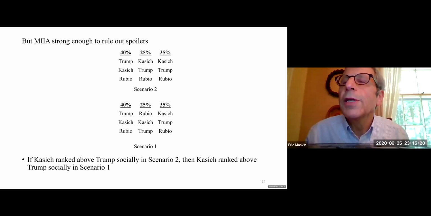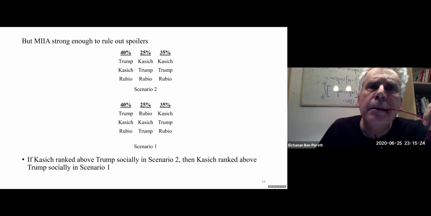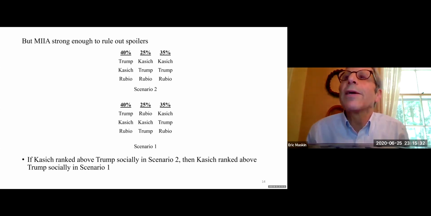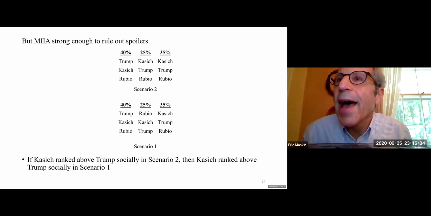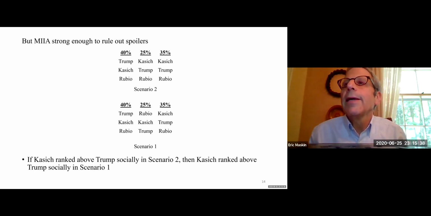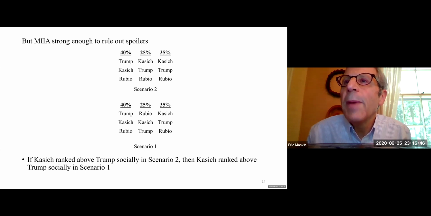That would be a stronger condition. So we could do that, but as stated, modified IIA is an even weaker condition than that, and my view is that the weaker the condition, the better.